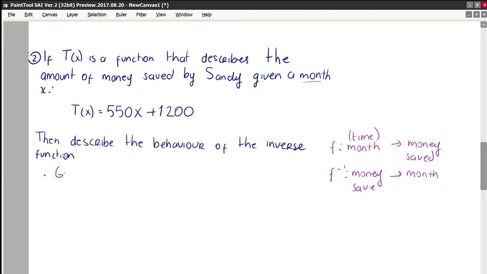A way to write this is given an amount of money saved, it tells me how many months it took.